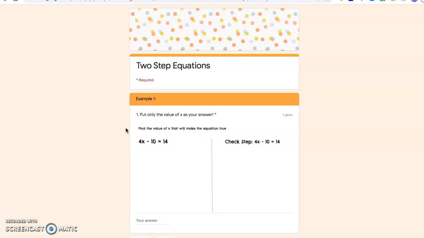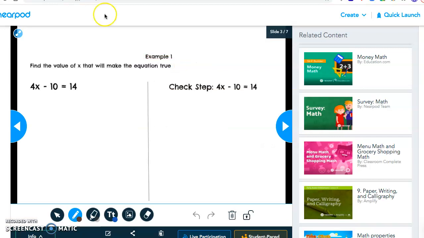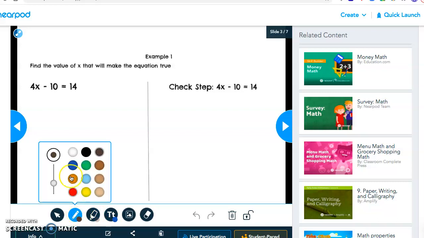Now, what you should really have is your Google form and your scratch paper for Nearpod. It's totally up to you if you want to use the Nearpod and draw, or what you can do instead is use paper. The difference here is now I'm just going to use the Nearpod to help you show your work.